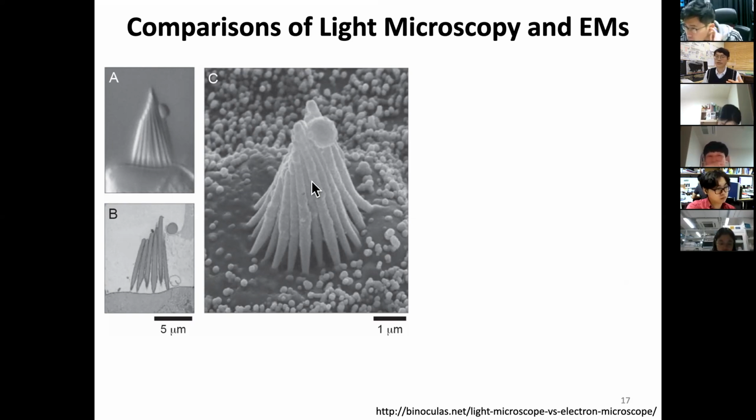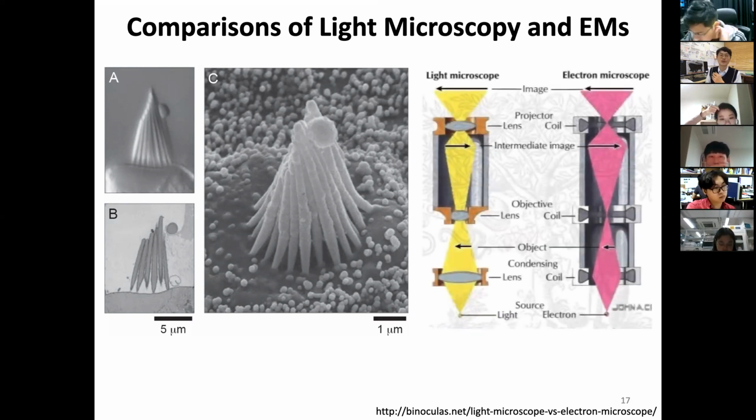So that's the comparison. And I want to show how you can build an electron microscope. In fact, a light microscope uses photons. To bend the photon, you need a lens. How to bend the electron? Electron has an electric charge, okay?